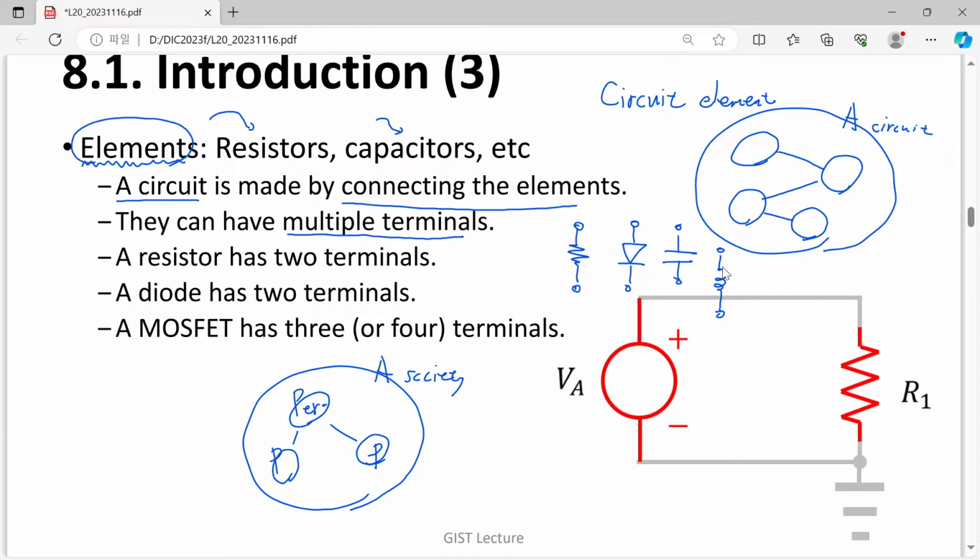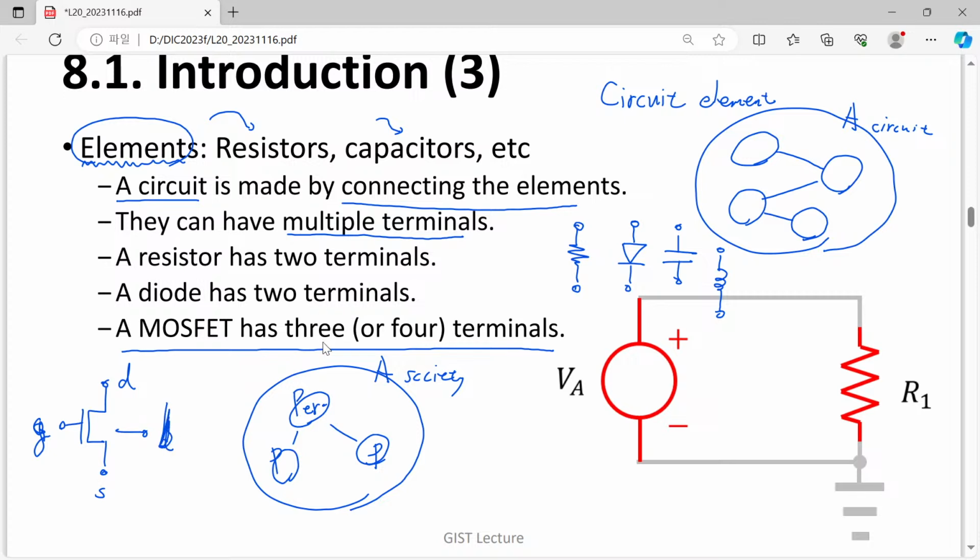Then are all circuit elements two terminal devices? Actually not. Another counter example is a MOSFET. If you have a MOSFET, then you have drain, gate, and source, and even you have body.